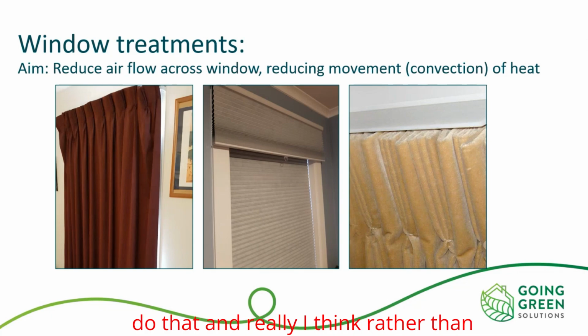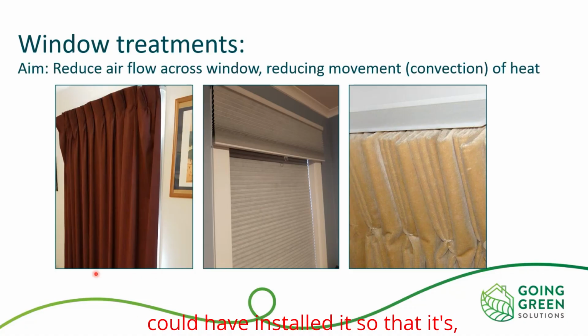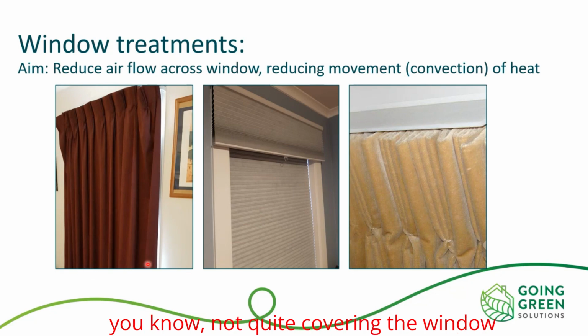And really, I think rather than saying this is a good treatment or covering and this is a bad one, it's more about how each of them is installed. So as an example, a curtain like this, a heavy lined curtain, generally that's a really good treatment because it naturally covers the window and goes around the sides down to the ground. On the other hand, you could have installed it so that it's not quite covering the window and doesn't go down to the ground.